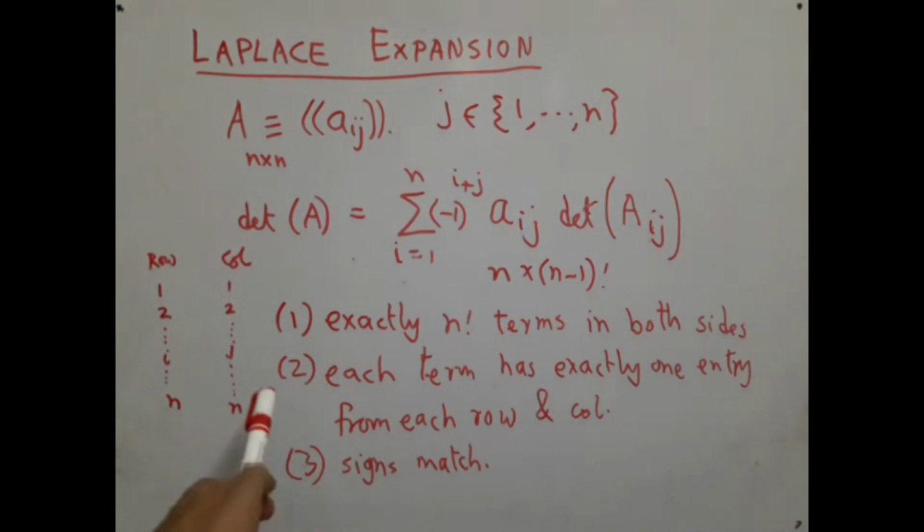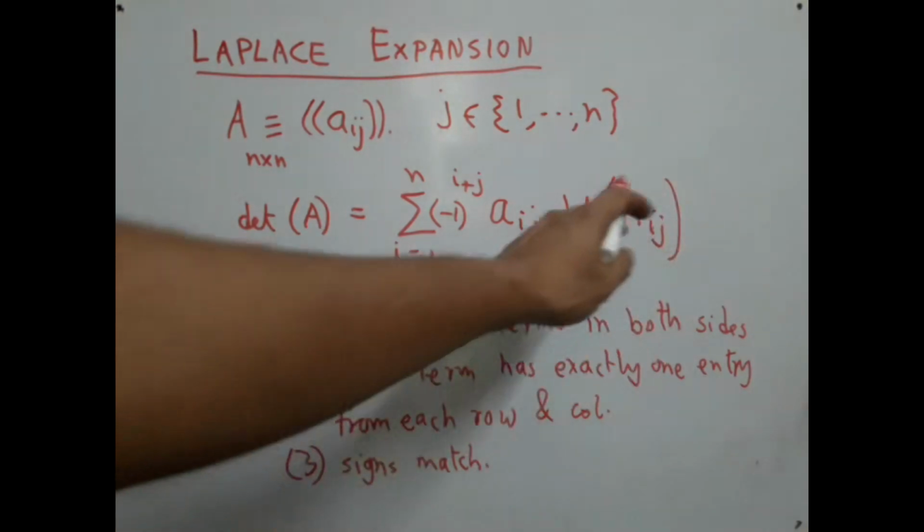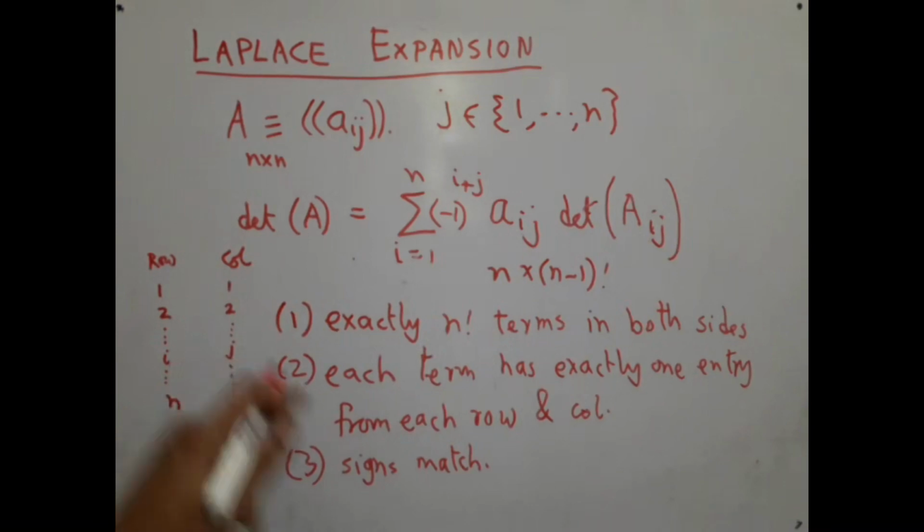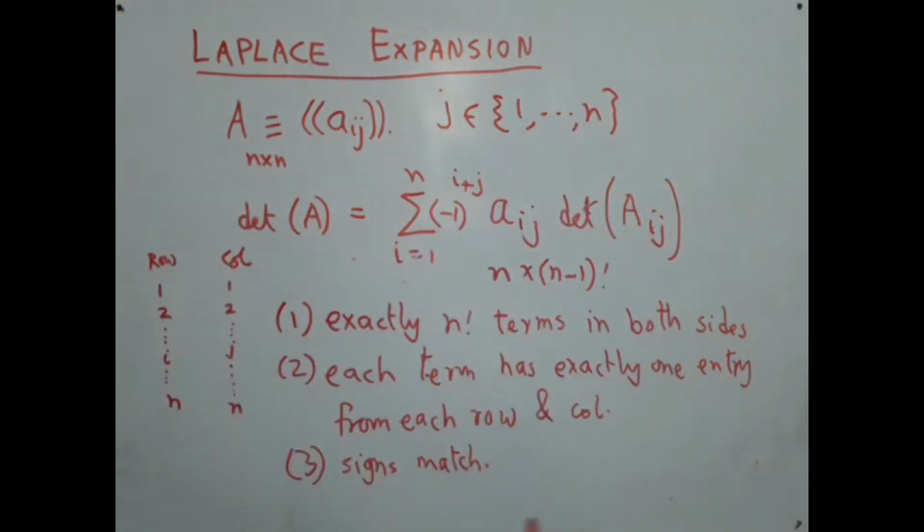In order to see why the second condition will hold, let's look at the diagram. When I consider the determinant of A_ij, every term here will avoid the ith row and the jth column, because I have got A_ij by deleting those two rows and columns. So every term will be by a bijection of the remaining things.